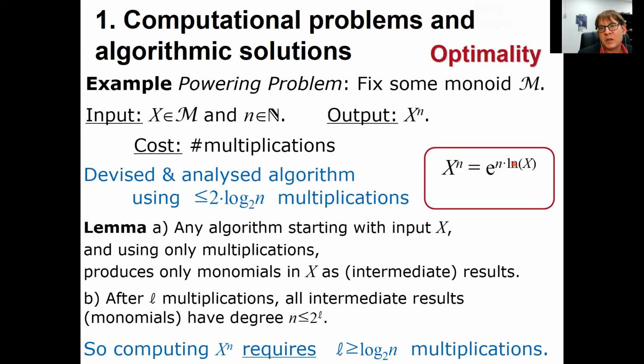And you see, it involves one invocation of the natural logarithm, one invocation of the exponential function, and one multiplication, but multiplication of, in general, real quantities. This is not an integer in most cases, right?